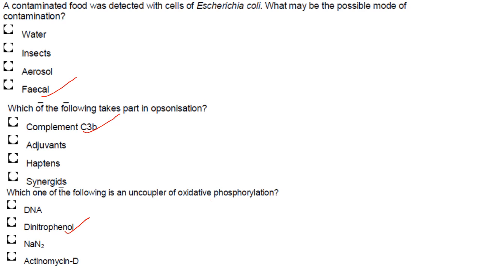So dinitrophenol or DNP is an example of an uncoupler of oxidative phosphorylation. It has the ability to separate the flow of electrons and the pumping of H+ ions for ATP synthesis. This means that energy from electron transfer cannot be used for ATP synthesis. So that is dinitrophenol.